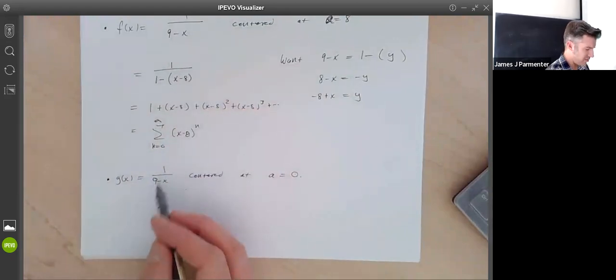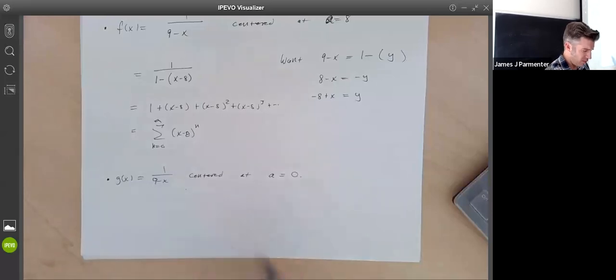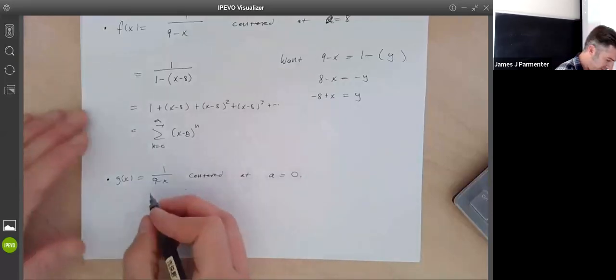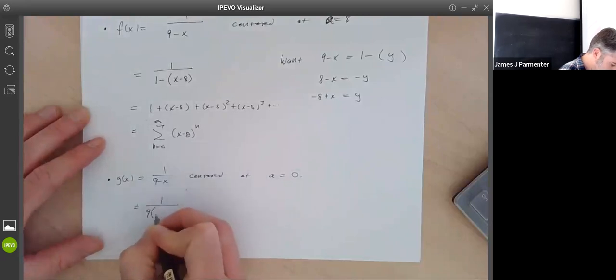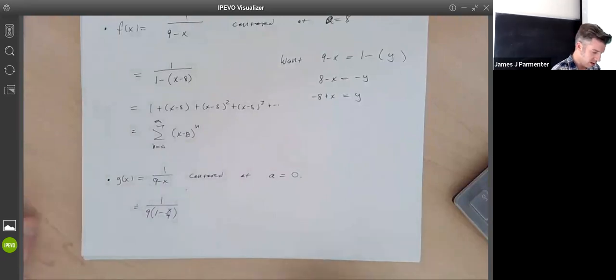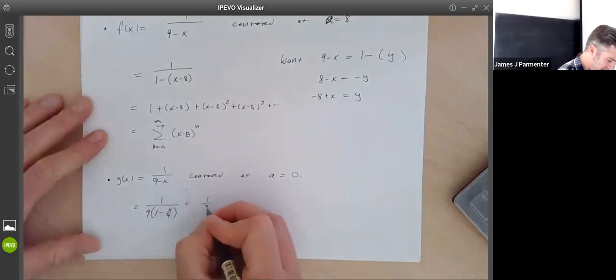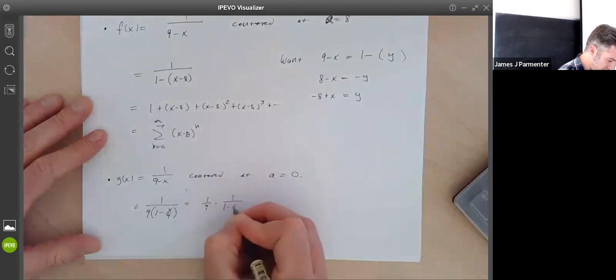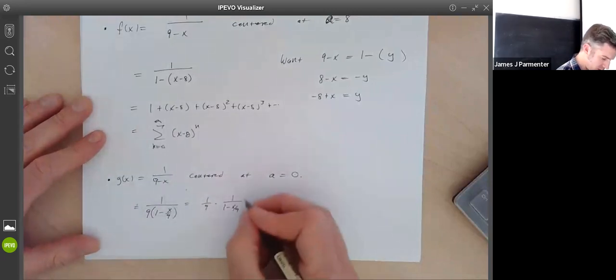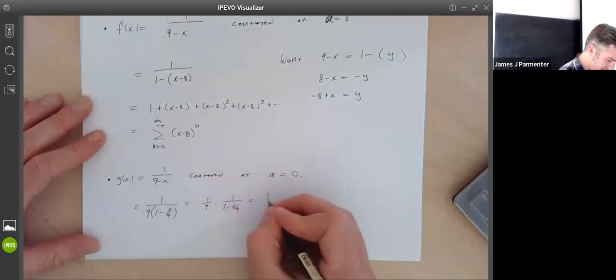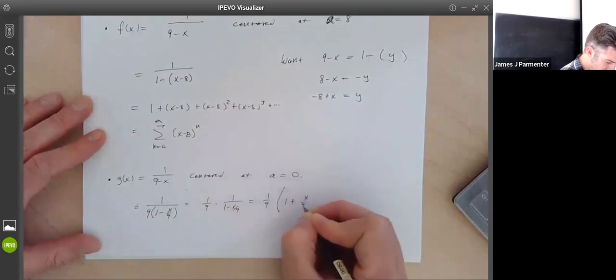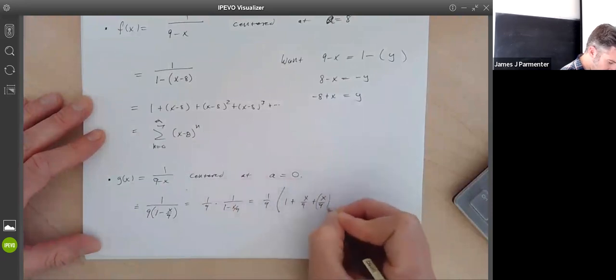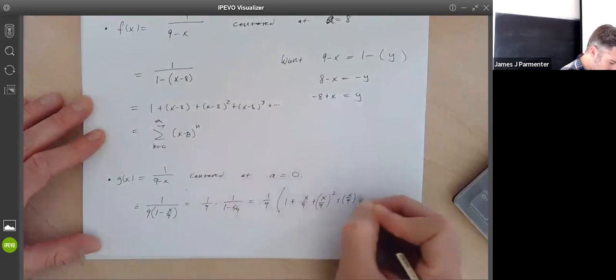So here I really would like 1 over 1 minus x, but I can't have it. So I factor out the 9 from the denominator. Then I'm going to have 1/9 times 1 over 1 minus x over 9, and 1 over 1 minus your stuff is exactly 1 plus x over 9 plus (x over 9) squared plus (x over 9) cubed, and so on and so on.